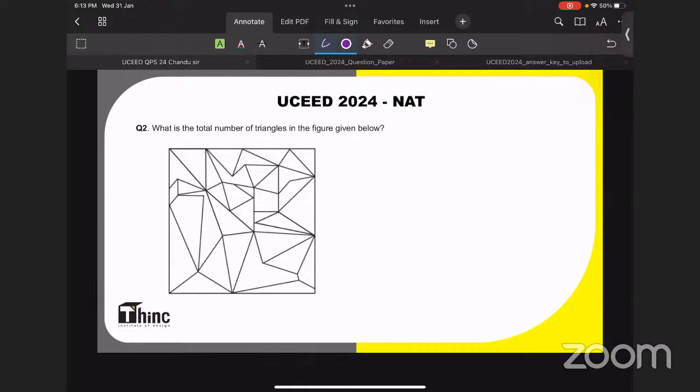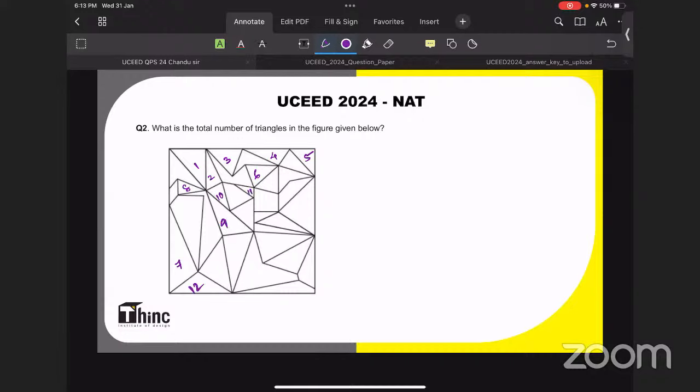Actually, the examiner who prepared that question paper was just trying to hypnotize you, making you believe that there is nothing hidden in this. How did he achieve that? Through the one component triangles like this: 1, 2, 3, 4, 5, 6, and 7, 8, 9, 10, 11.